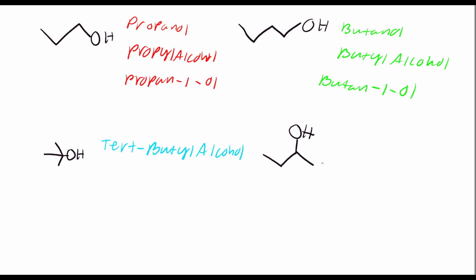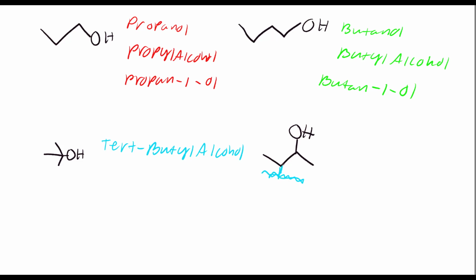Okay. And now we have some weird looking thing. It looks like 2, 3, 4, right? But actually it is 4. It's a butyl. But notice where the alcohol is. Imagine that this molecule is attached to some parent, right?